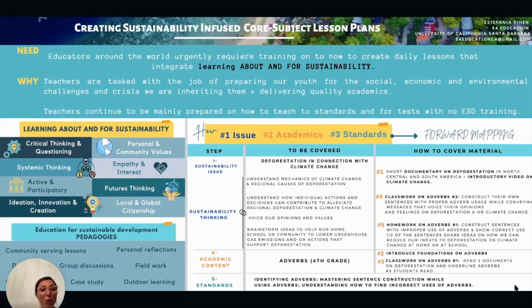And perhaps these solutions won't be immediate, or perhaps some of these ideas won't actually become something that creates change. But the fact that they are taking the time to create or innovate these ideas is what really matters for us in the daily classroom when we're teaching with learning about and for sustainability at the very core.